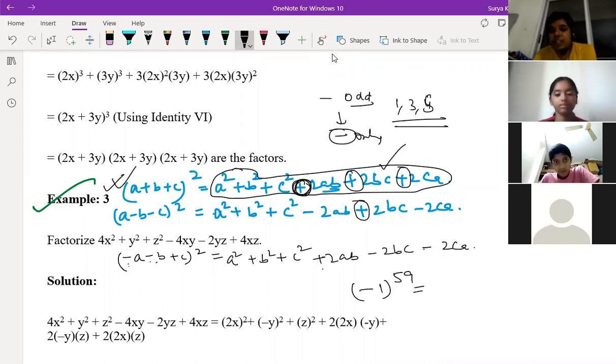What should the answer be? Minus 1 or plus 1? Minus 1. You should not multiply minus into minus, plus minus, minus plus, 59 times. Just remember that minus is repeating an odd number of times, it means the answer will come in minus only. Understood?